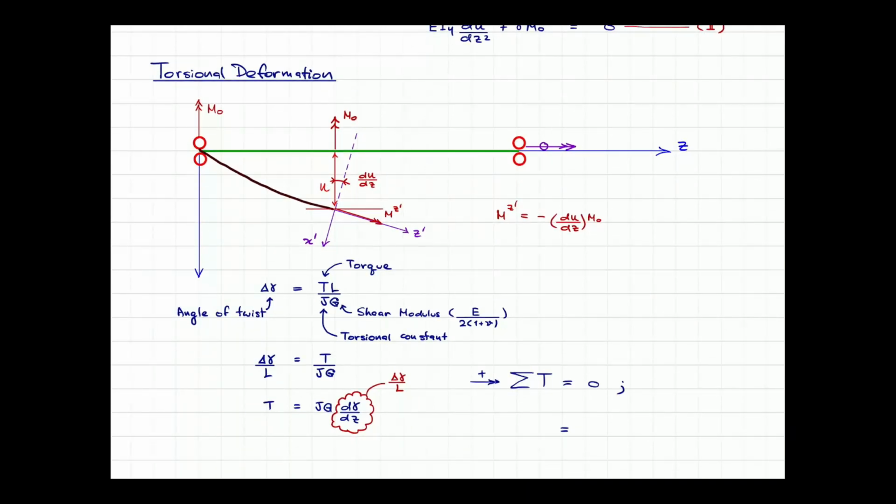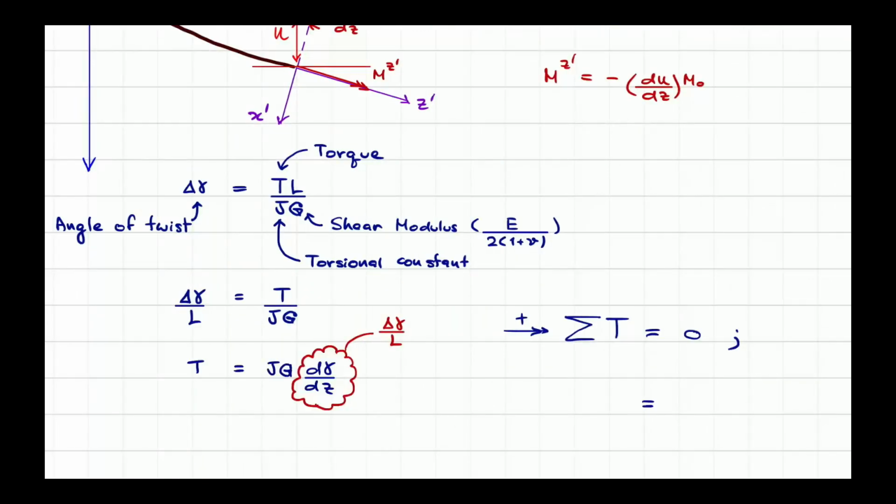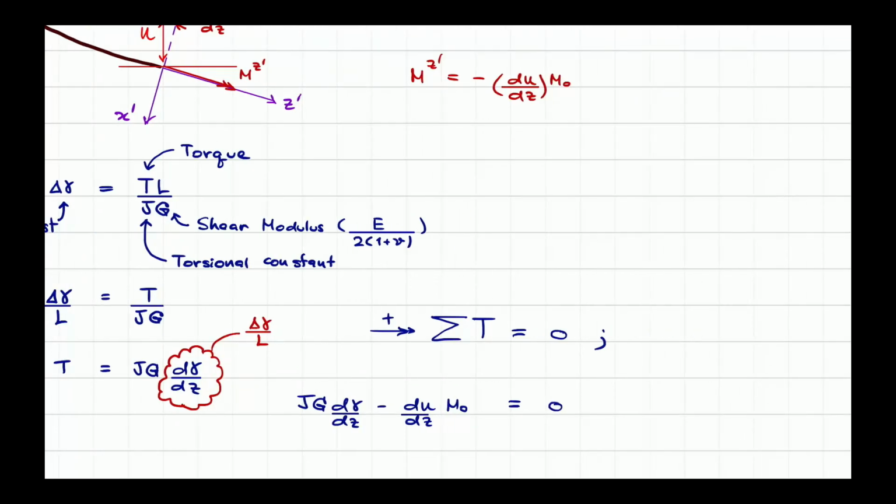So we have the JG d gamma dz minus du dz times the M naught equals to 0 as the equation number 3.